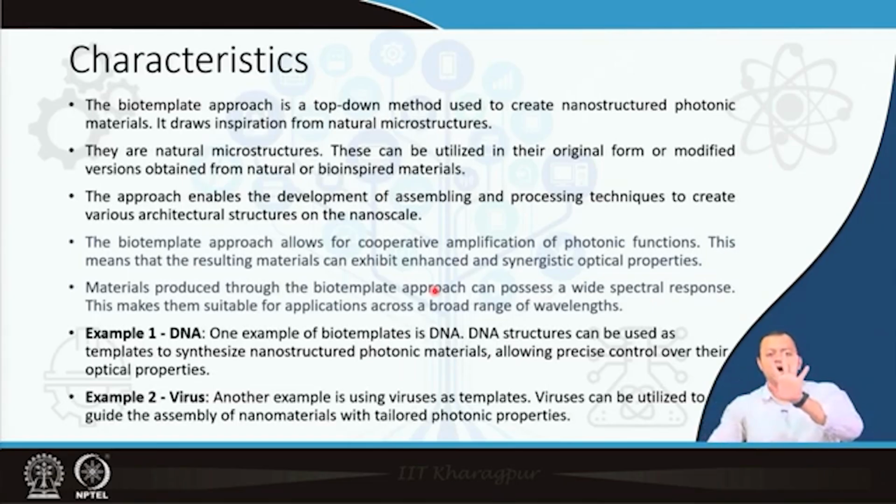So, suppose you have a viral structure like this, with these being the spike proteins, with this is the core. You deposit some kind of a glue, some kind of a polymer in between this gap, and then somehow you remove this virus. You either dissolve it in some organic compound or somehow you remove it.